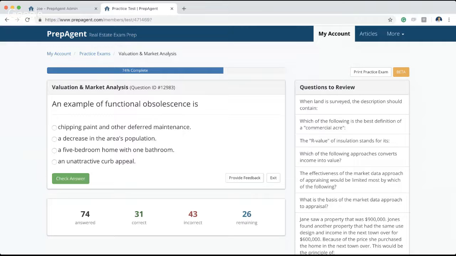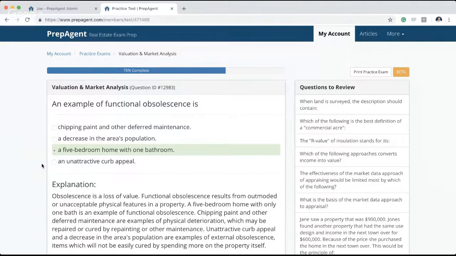What do you guys think? What are the different forms of obsolescence? Okay, so the answer to this one is C. Good.